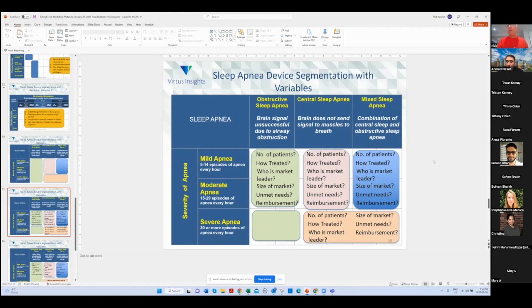I have seen sometimes very busy boxes with small font. I've also seen some people make multiple duplicates of this, where one will just focus on how big is the market, the number of patients. Some will just focus on competition. Some may focus on reimbursement. How are products reimbursed in this space?